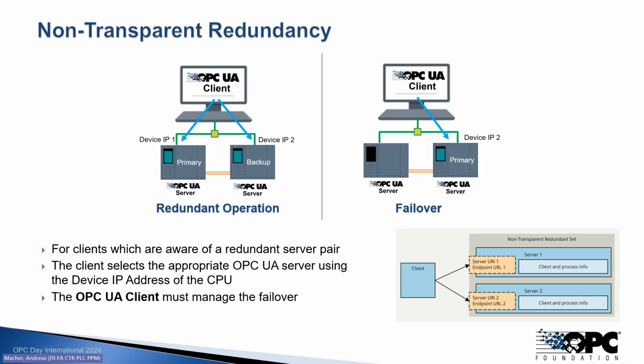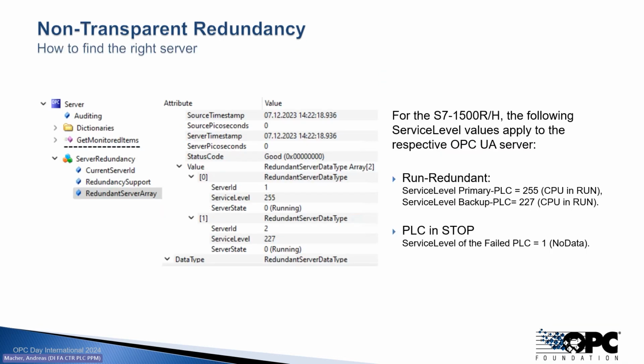But for the question of finding out which is now the better server, or the server which provides the data, we realized this in the system using the so-called service level. You can see here the information model.